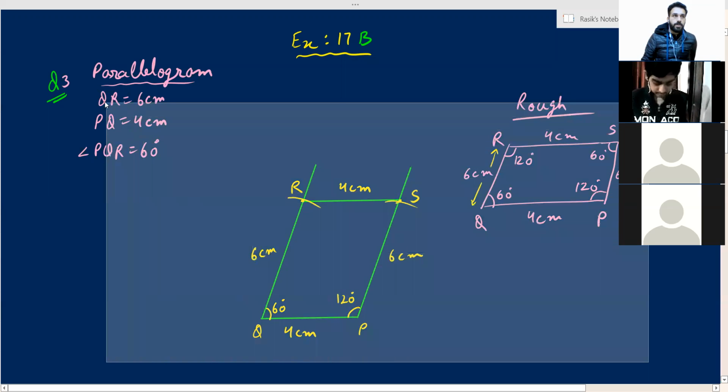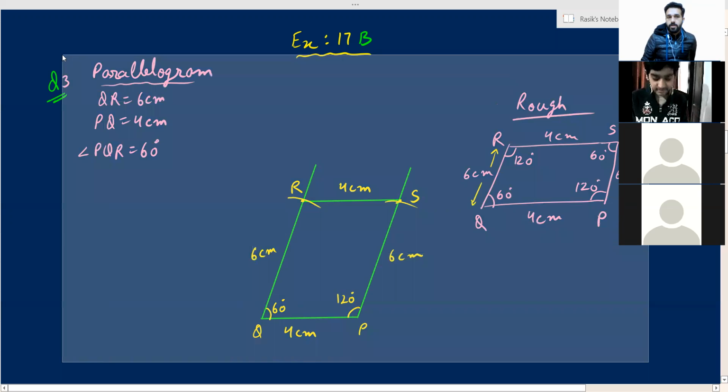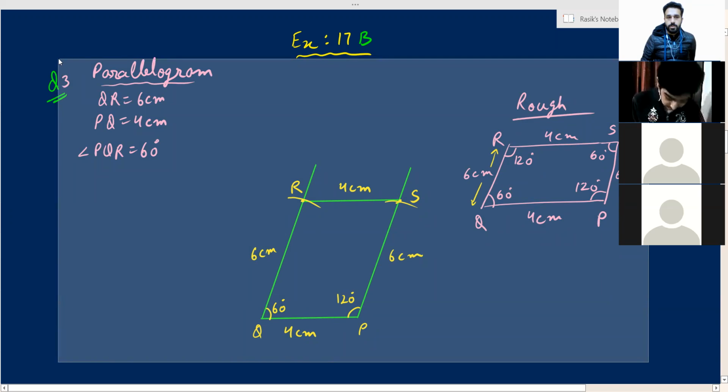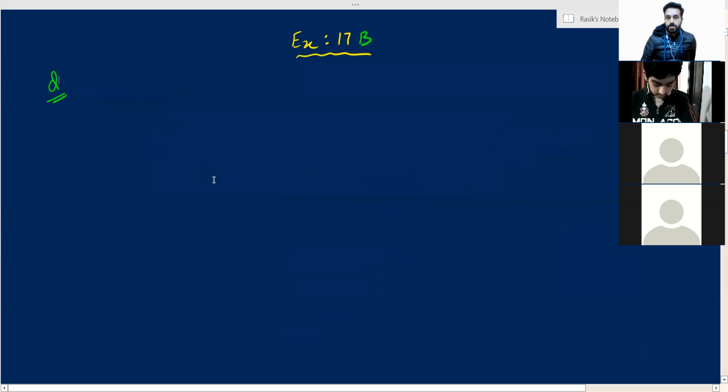Otherwise, this chapter will take at least a week. Such a small chapter, it will take at least 8 days if I discuss all the questions in the class. Okay, so I hope you all are completing the homework at your home. Just two, three, four questions every day. So you can complete it easily.